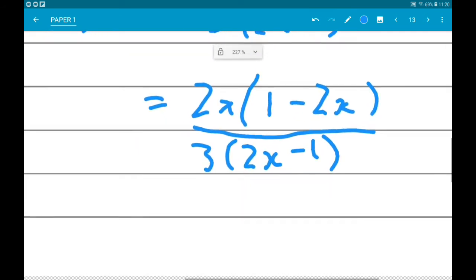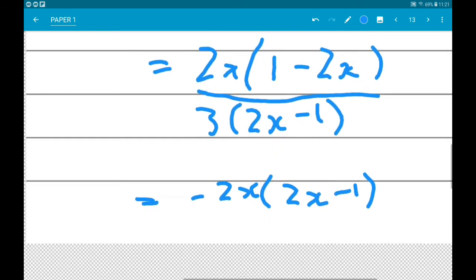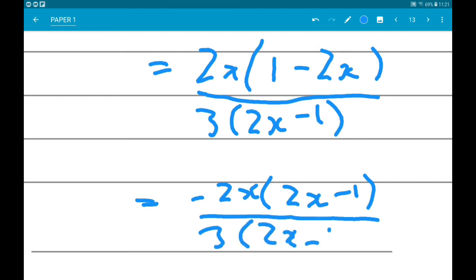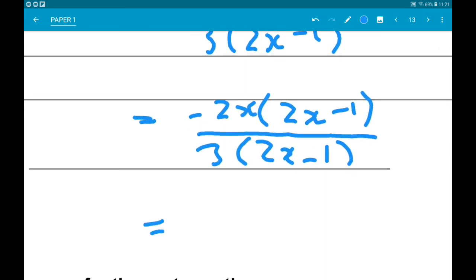So, if we factor out a minus 1, and this is the part that makes this question tricky, it's not easy to spot, we're going to have minus 2x times 2x minus 1 over 3 lots of 2x minus 1. Now the 2x minus 1's cancel, so we finally get minus 2x over 3.